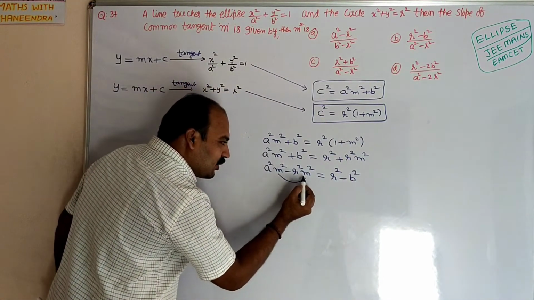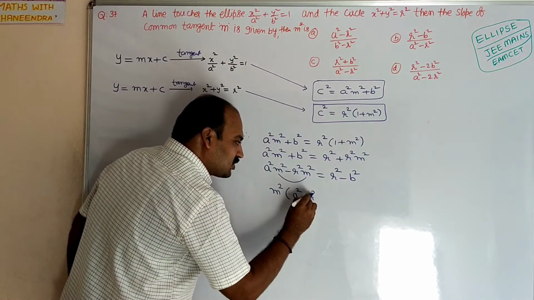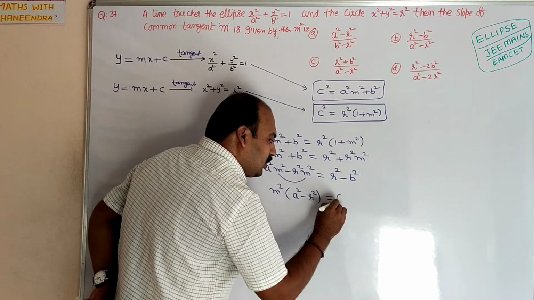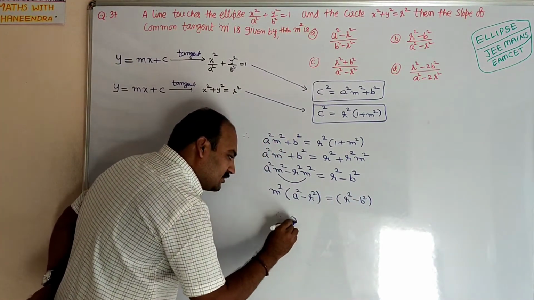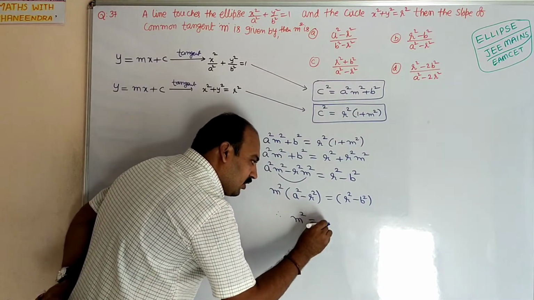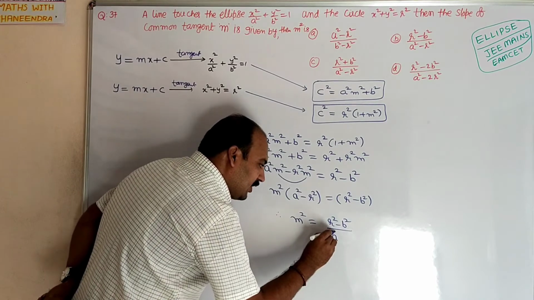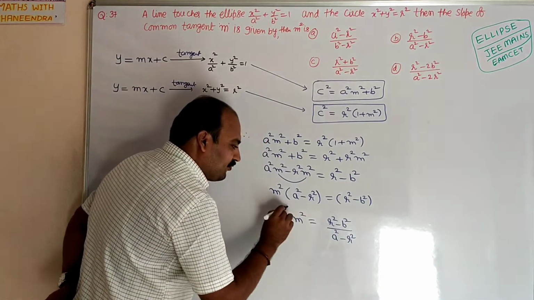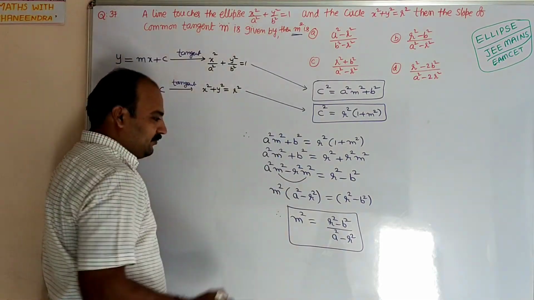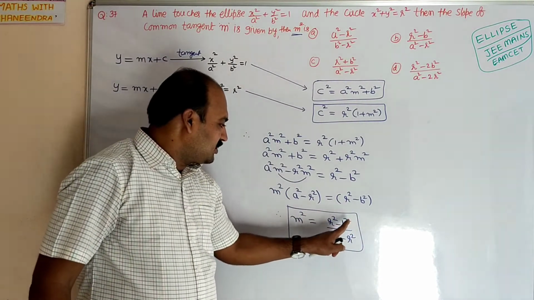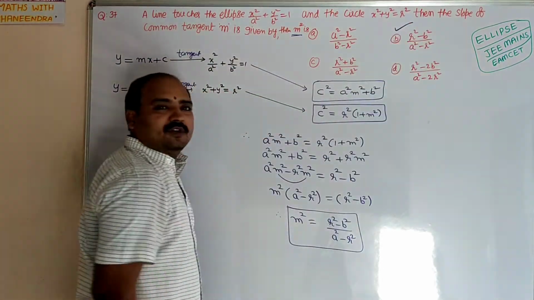Take m square common: m square into a square minus r square is equal to r square minus b square. Therefore, m square equals r square minus b square divided by a square minus r square. They are asking m square value only, no? So m square is r square minus b square by a square minus r square. So, it is in the B option.